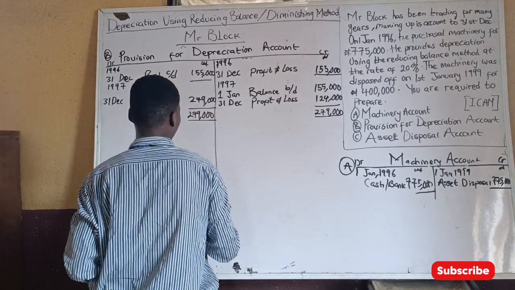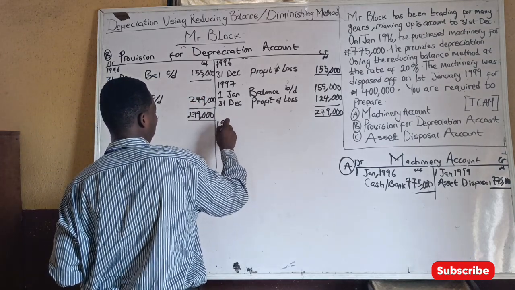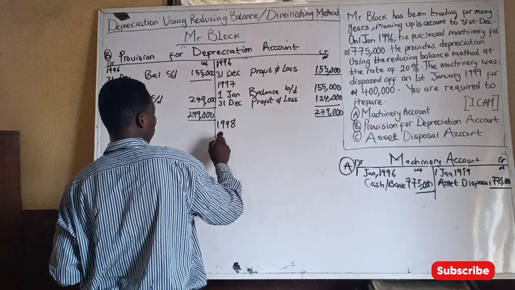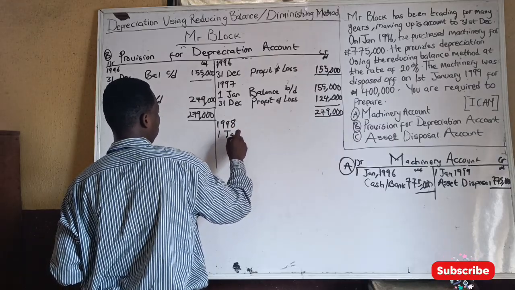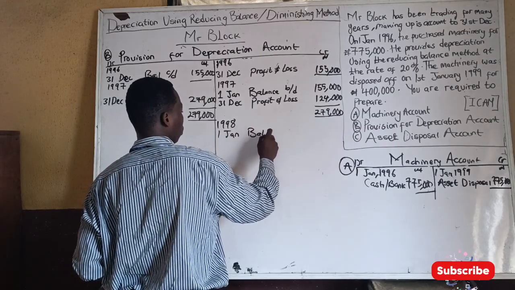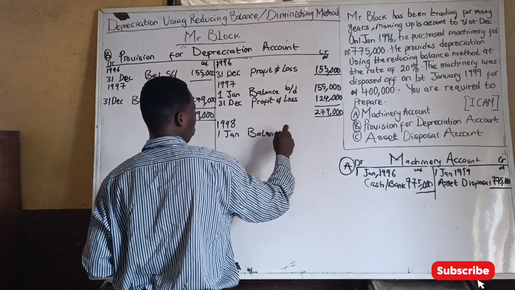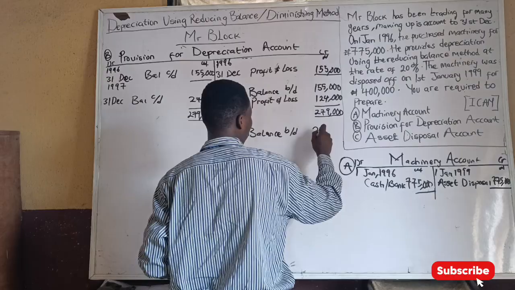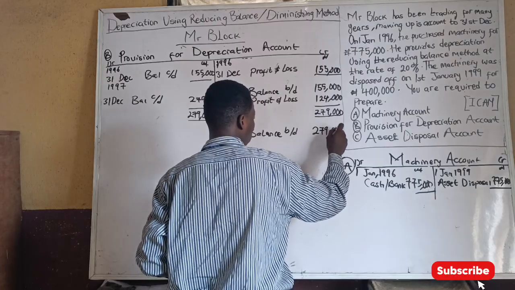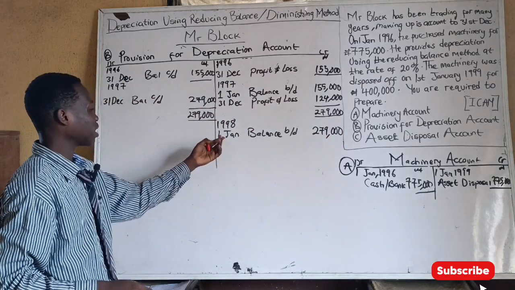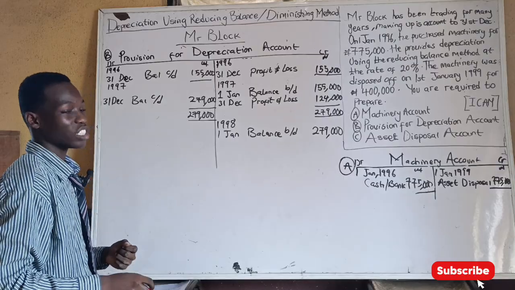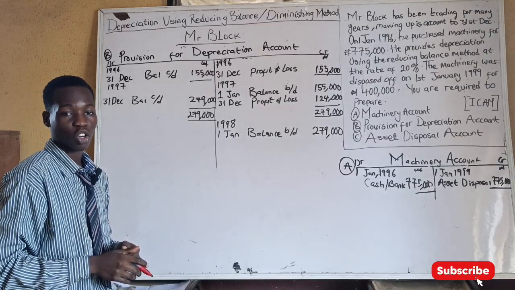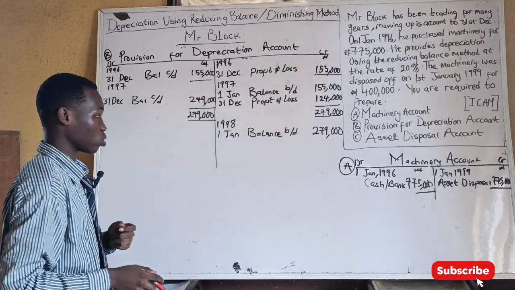When you bring this back here, for the year 1998, we are going to have 1st January balance brought down, which is 279,000 naira.